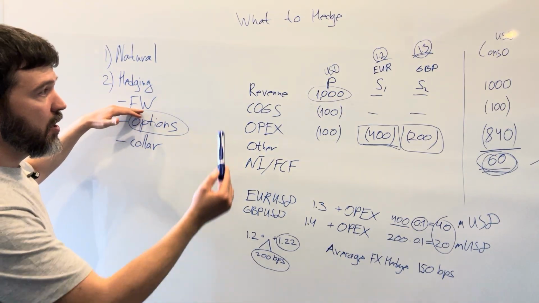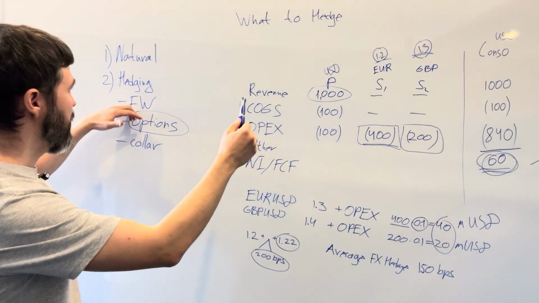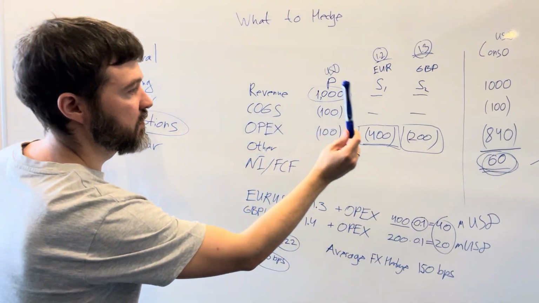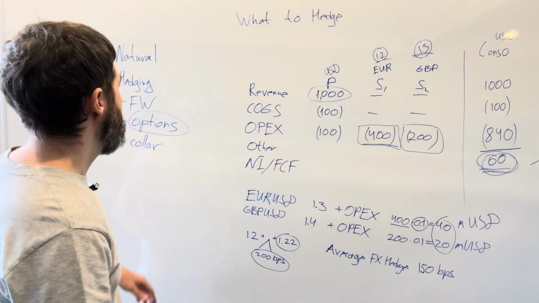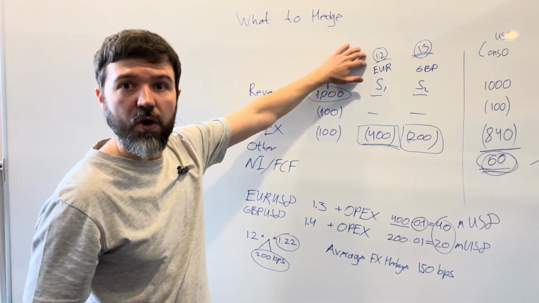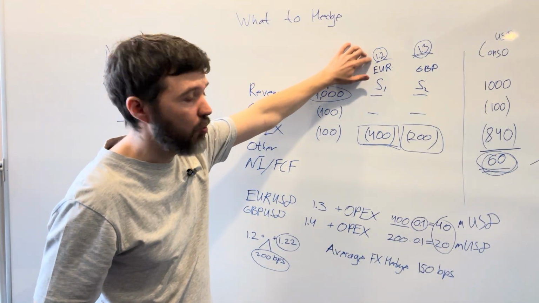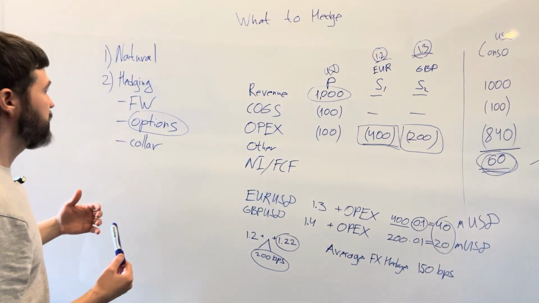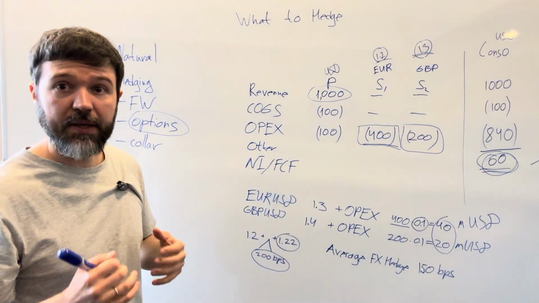Forward, if the rate moves to 1.1, we are losing 60 million, for example. If the rate moves to 1.3 for euros, we are protected at rate 1.2. So that's how it works, and it takes time, it takes preparation.